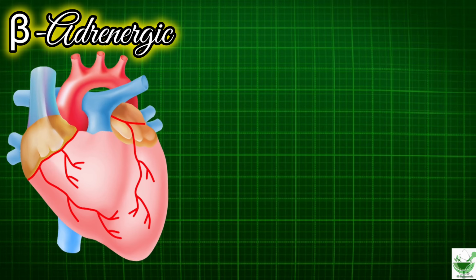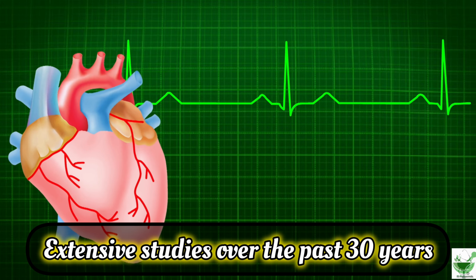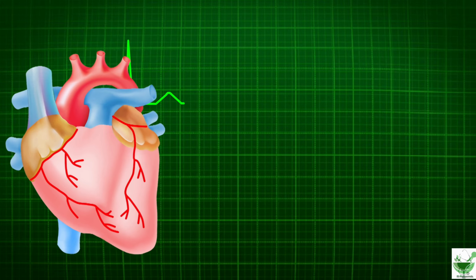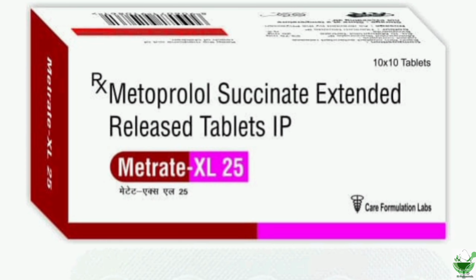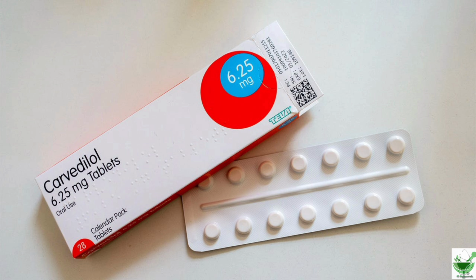Then beta blockers. Extensive studies over the past 30 years have established the utility of beta blockers, mainly metoprolol, bisoprolol, nebivolol, and the non-selective beta and selective alpha 1 blocker carvedilol, in mild to moderate CHF.